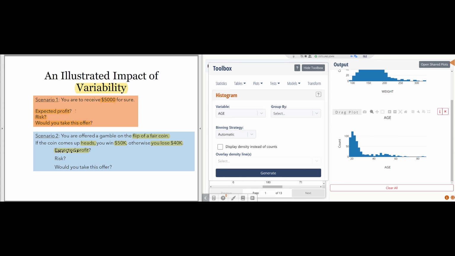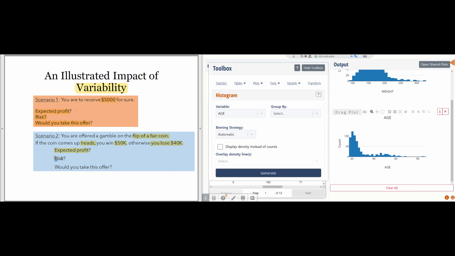So the expected profit from this deal is also $5,000. So 50,000 in one situation, minus 40,000 in the other equally likely situation. Divide that by 2 and you get 5,000.